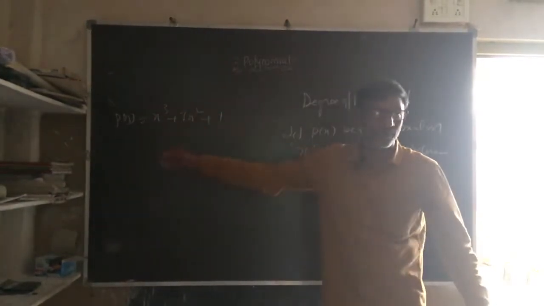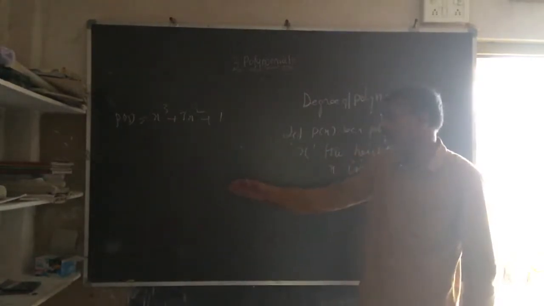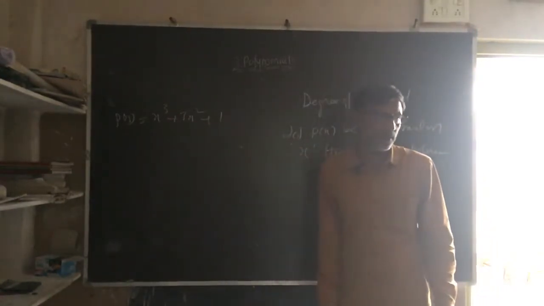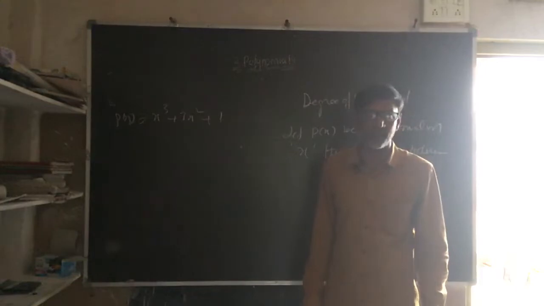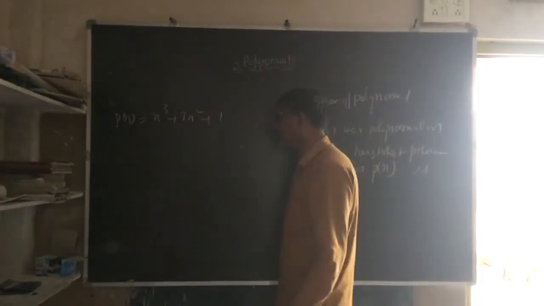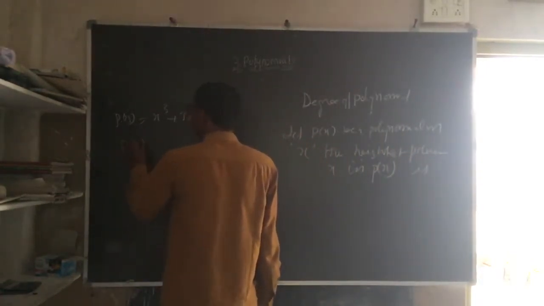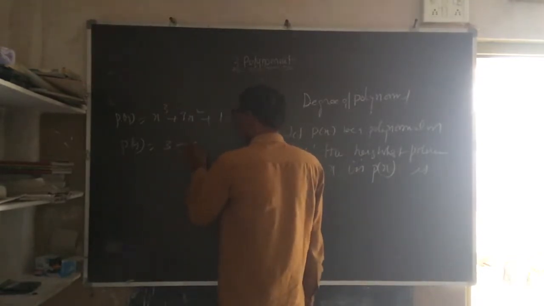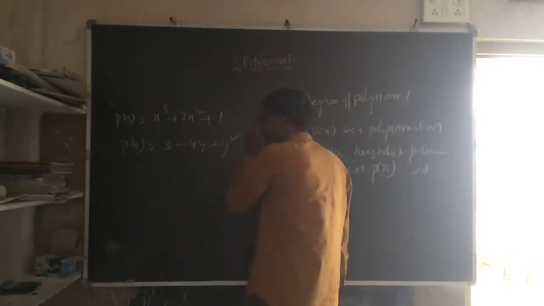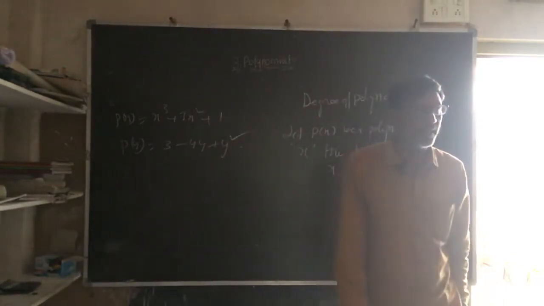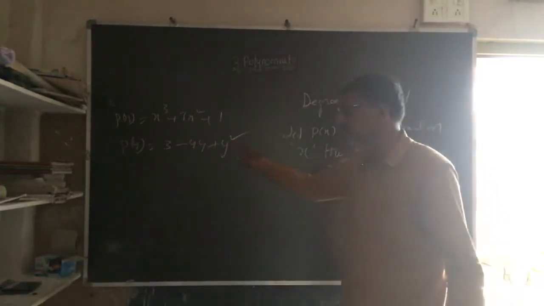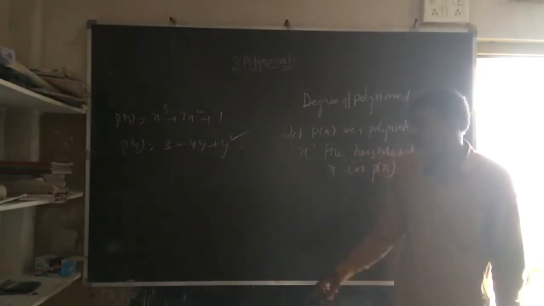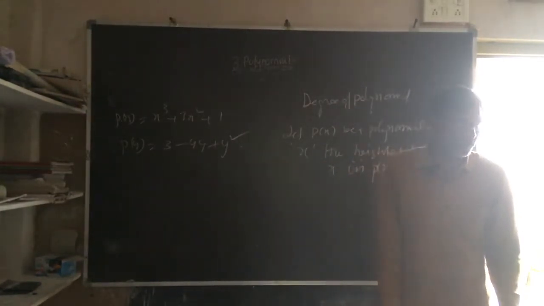What is the highest degree of this polynomial? Highest power of these terms? 3. 3 is the degree of the polynomial, right? Suppose if you take P of y is equal to 3 minus 4y plus y square. Tell me highest degree of this polynomial? 2. 2 is the degree, this is also called quadratic polynomial.